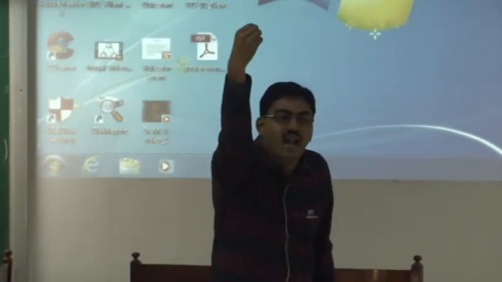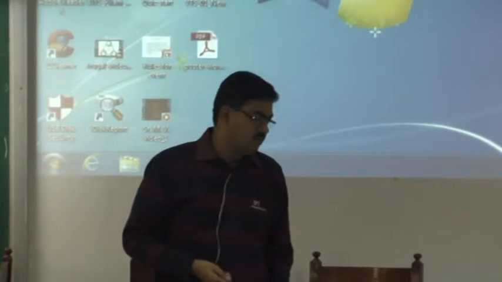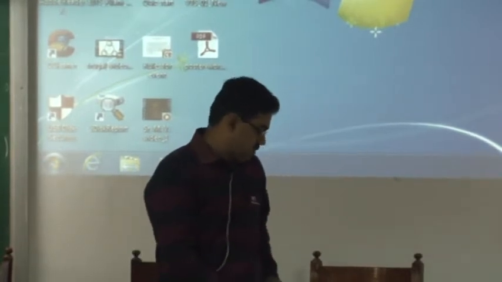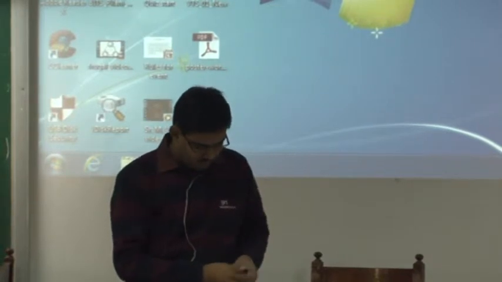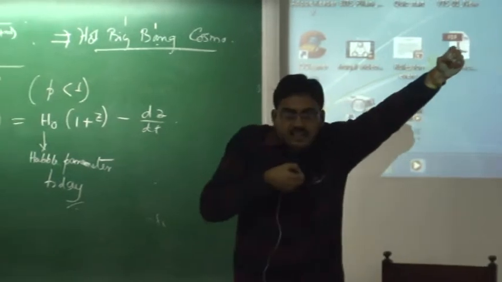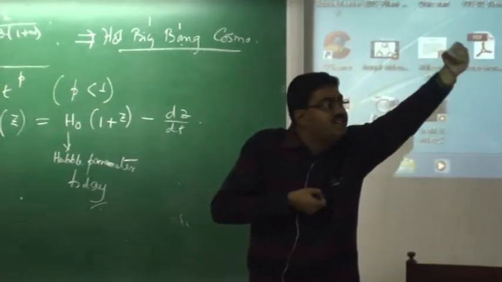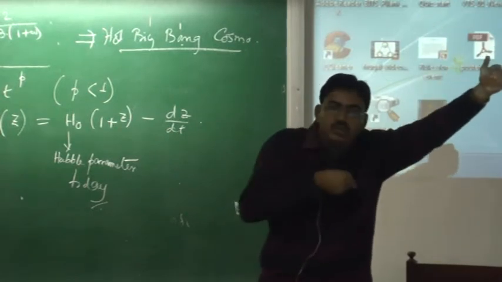So from where the light is emitted and comes to the observer, the redshift is the frequency change in coming from that point to this point.